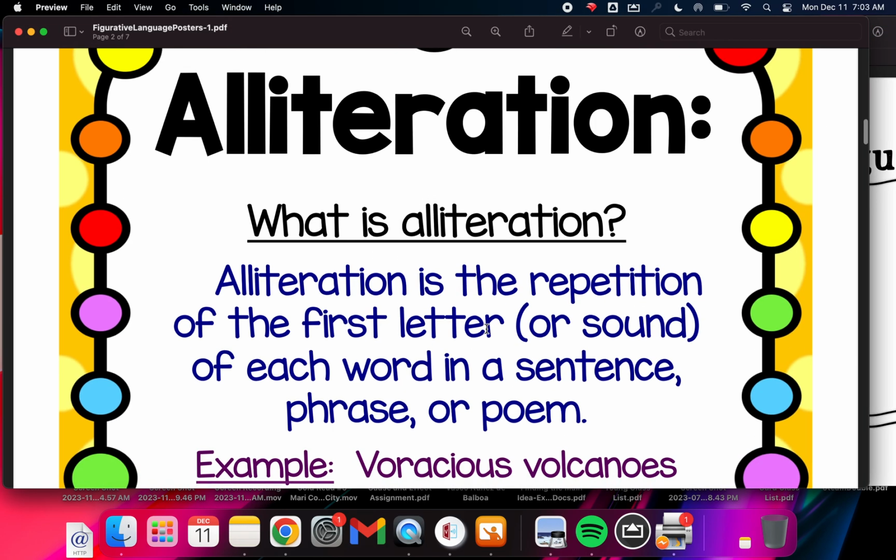What is alliteration? Alliteration is the repetition of the first letter or sound of each word in a sentence, phrase, or poem.